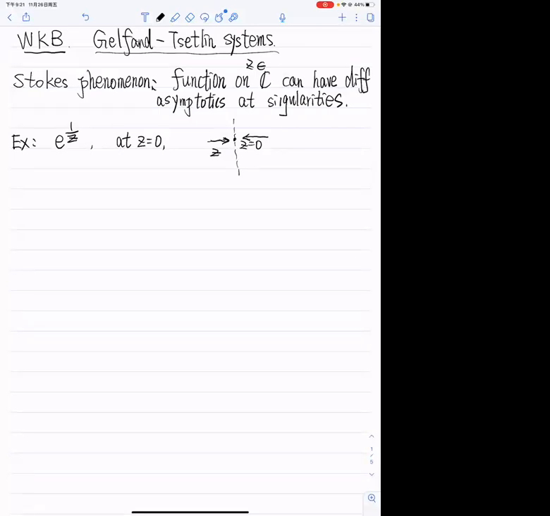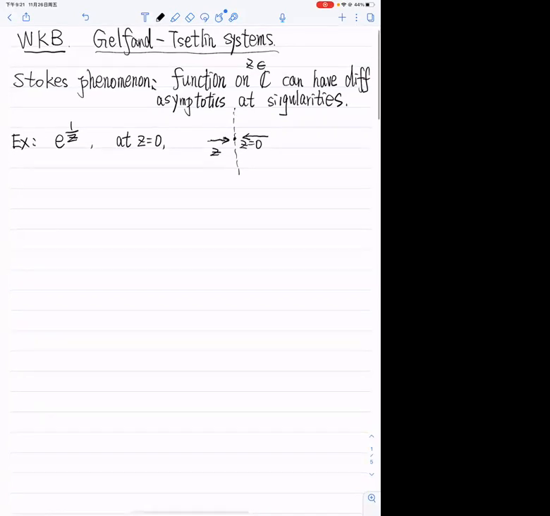Therefore, it has different asymptotics as z approaches 0 from different half planes, and the asymptotic behavior changes as you cross the purely imaginary line. So this is one example of the Stokes phenomenon for the exponential function.